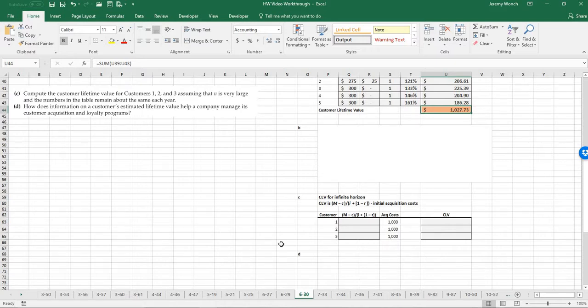Alright, so in part C, we're looking at the same customer lifetime value for an infinite horizon. So we're not ending it at 5 years, it's just going to go on forever.